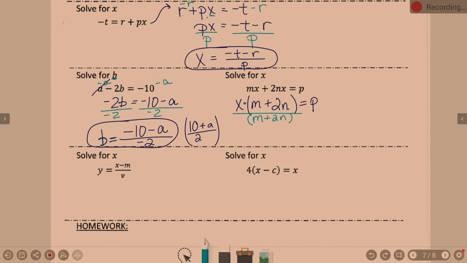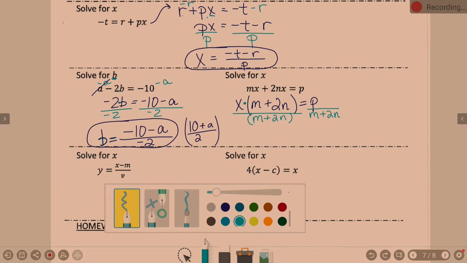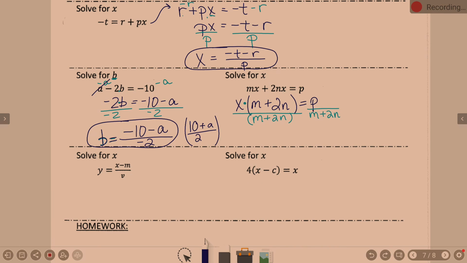If I divide the left by m plus 2n, we can divide the right by m plus 2n. Then m plus 2n will cancel. I'm going to have x equals p over m plus 2n.